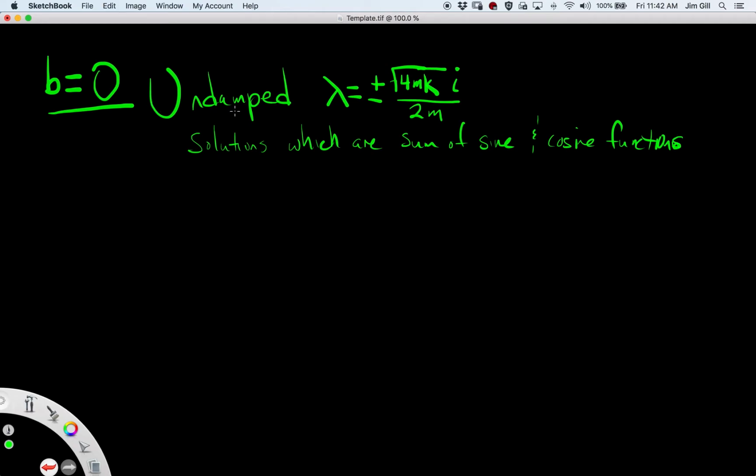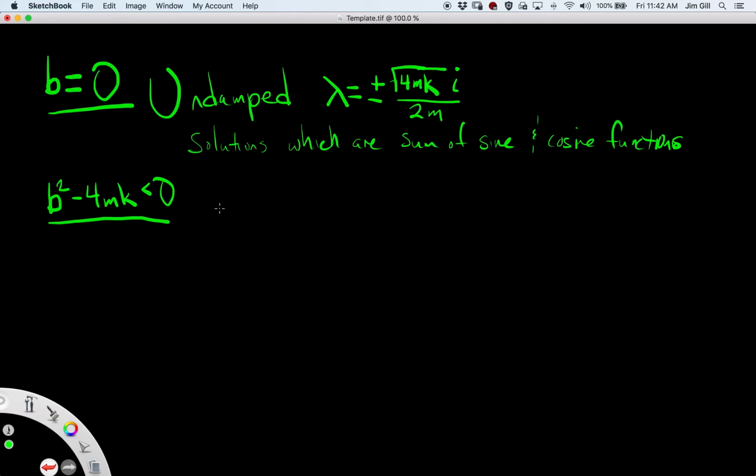So it's an undamped spring. It oscillates forever. Okay? So that's what happens when b is equal to 0. Now, if b is not equal to 0, we have three cases. We have when b squared minus 4mk is negative, and then, of course, when it's positive or when it's equal to 0. But let's deal with the negative case first.